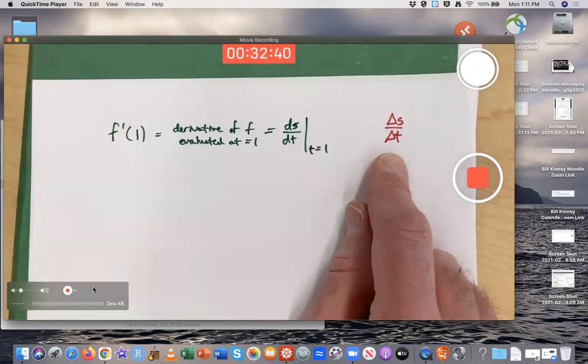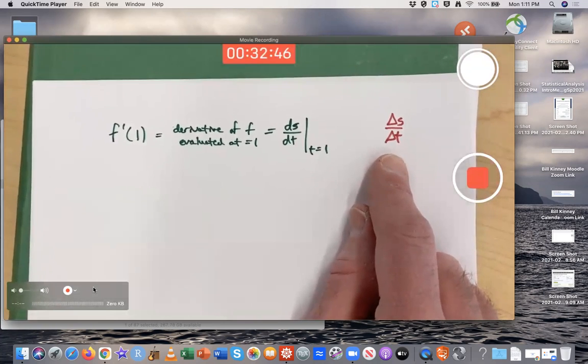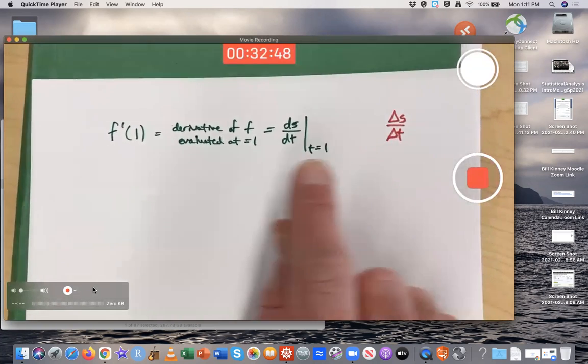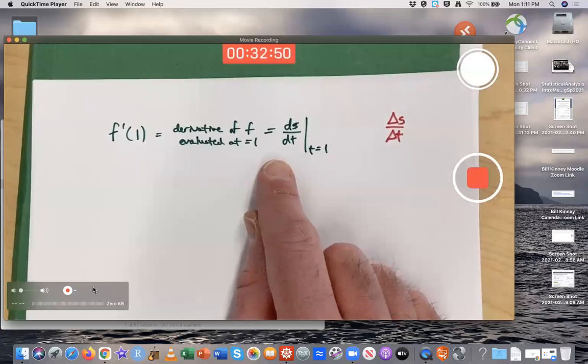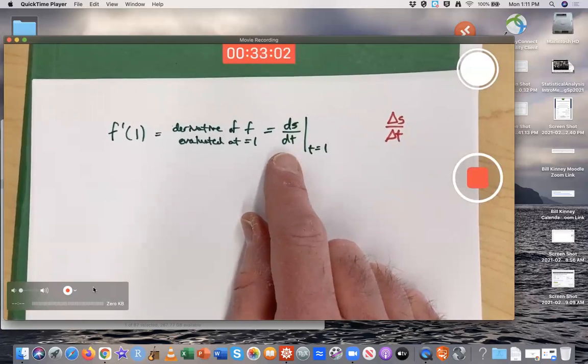Delta s divided by delta t is an actual ratio, a fraction. ds dt technically is not a fraction, even though it looks like one. However, even though it's technically not a fraction, it often doesn't hurt to pretend it's a fraction.